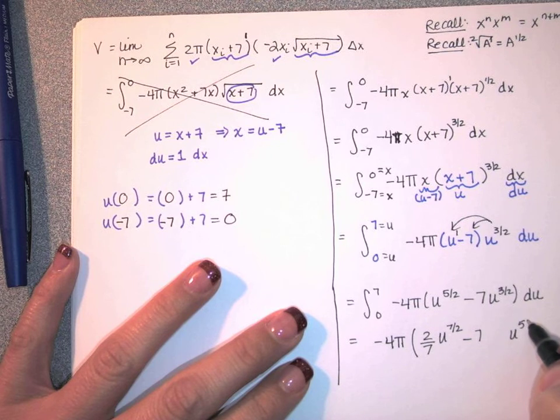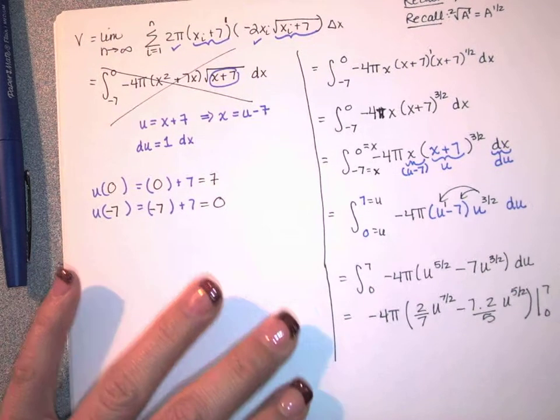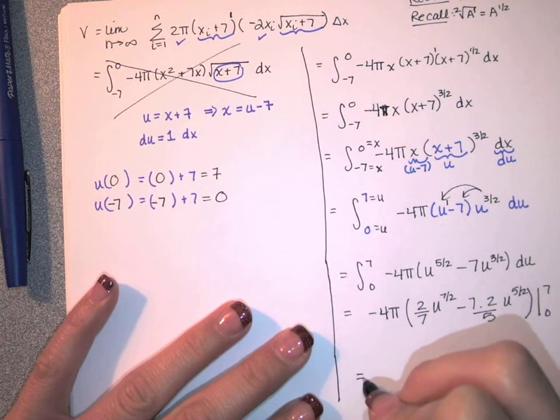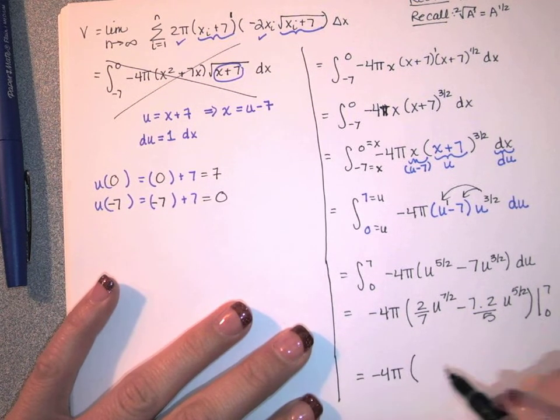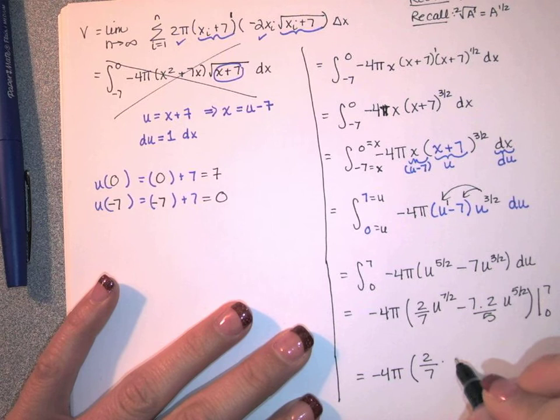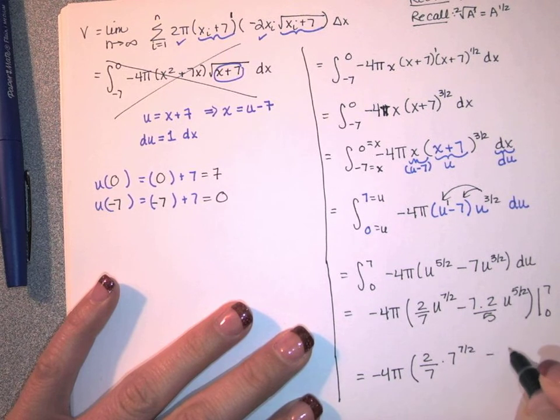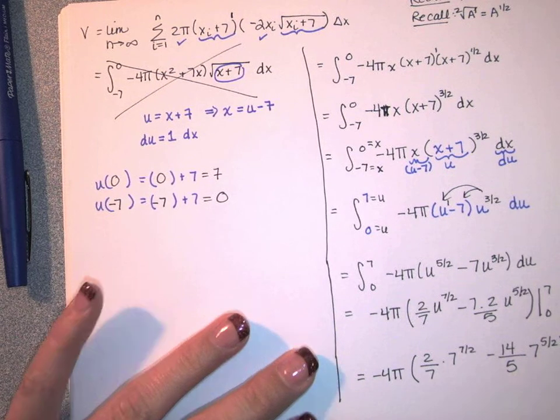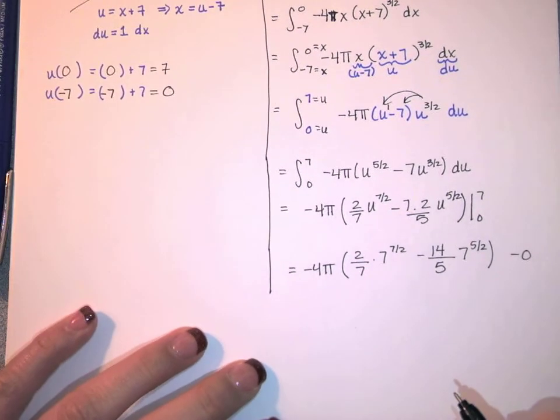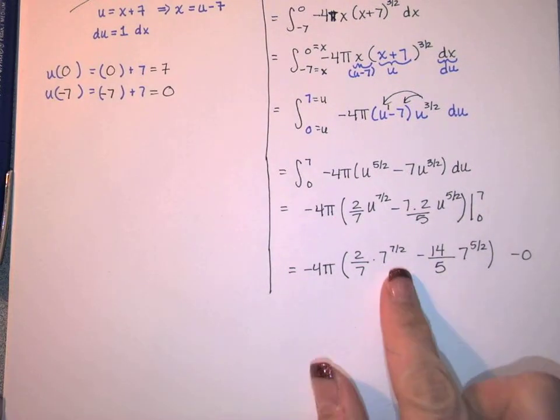Add 1 to the exponent and divide by the new exponent. Plug in 0 and 7 and subtract. When we substitute in u equals 0, we get 0. So that's our answer. It's just not simplified.